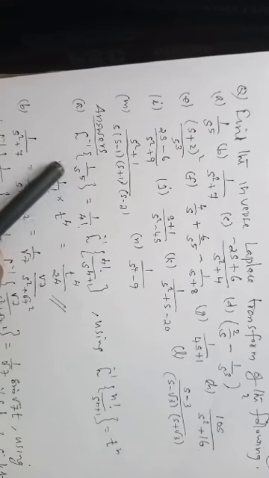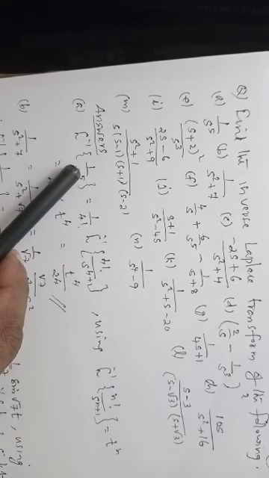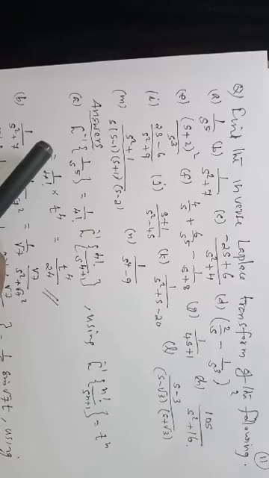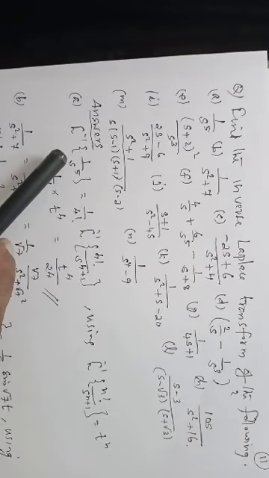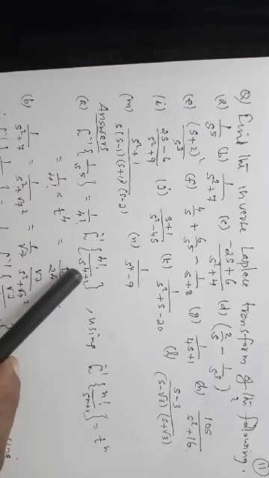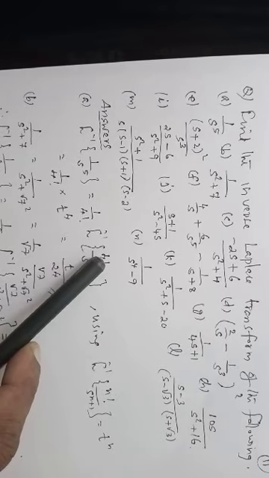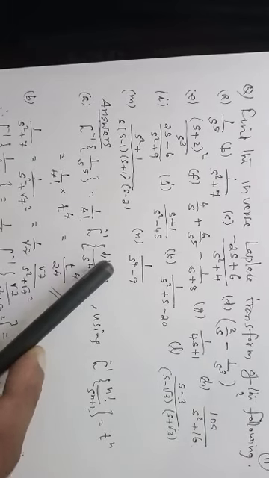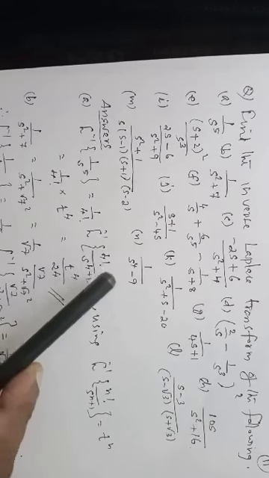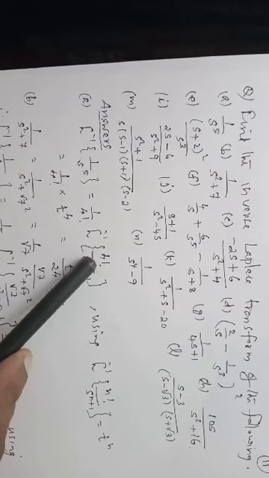But we have n factorial by s raised to n plus 1, whose L inverse is equal to t raised to n. Here it is s raised to n plus 1, that is s raised to 4 plus 1. Then the numerator should be n factorial, and its inverse is t raised to n. Here it is t raised to 4.